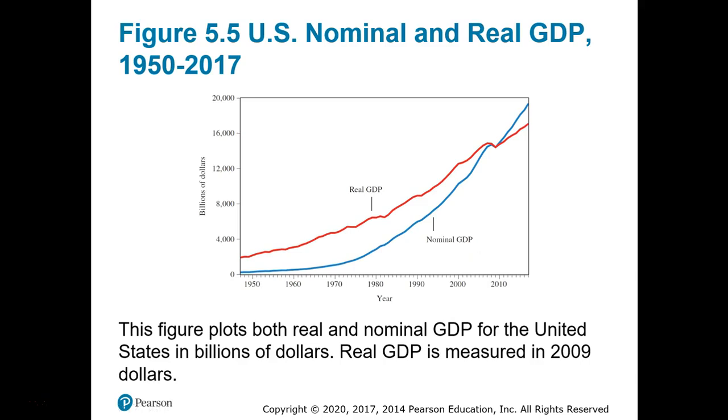So this is a graph that plots out the real versus the nominal GDP in billions of dollars from, say, 2012 all the way back to the 1940s. We can plot that real GDP and notice that they're pretty much parallel until they hit about 2008.